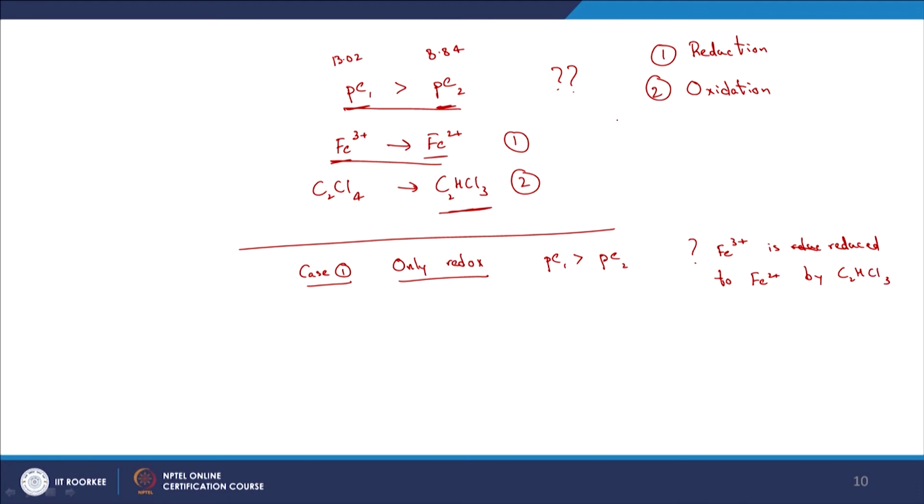Because PE1 is greater than PE2, the first will go through as reduction, and the second will go through as oxidation, as in this particular compound will act as the reducing agent to reduce Fe3 plus to Fe2 plus. But why is that? Because we considered the case that only the redox process occurs.